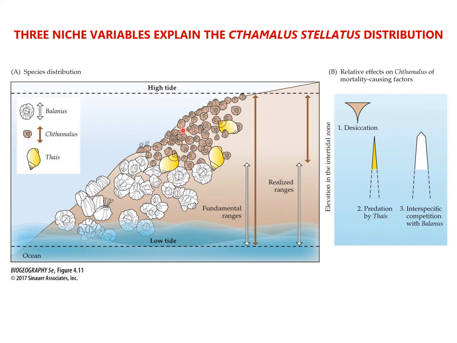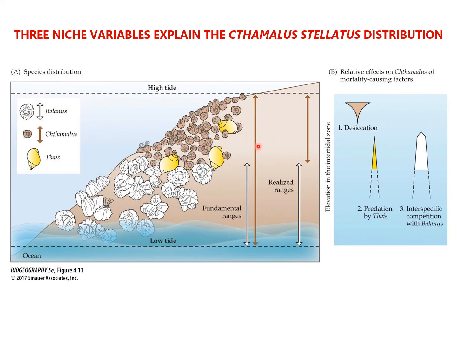So they systematically removed these. They removed the Balanus, and what happened was that the Thamylus expanded down the shore. The whole thing was Thamylus if you remove the Balanus. Then they did the opposite and removed the Thamylus instead. But the Balanus did not necessarily move up.